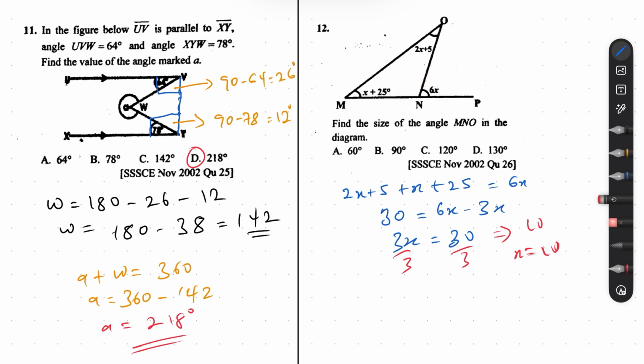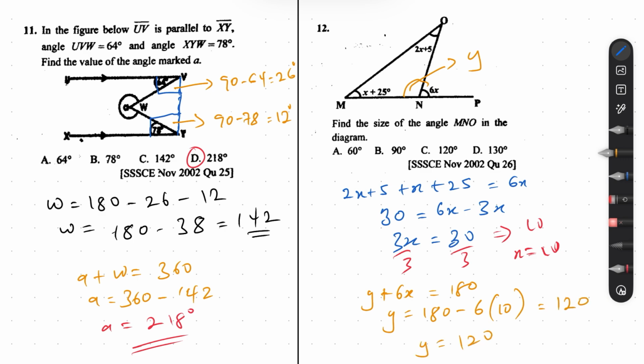Let's call that angle Y. So Y plus 6x should give us 180. So Y is equal to 180 minus 6x, and we know x to be 10. So this will give us 120. So the angle MNO is equal to 120.